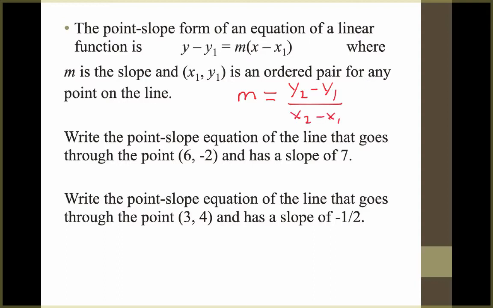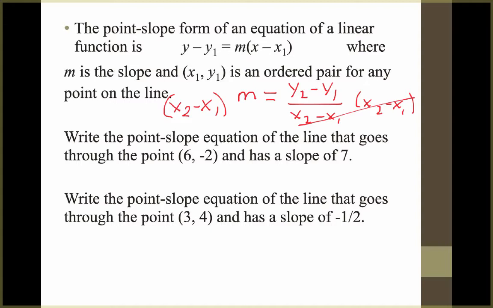To derive the point-slope form, you just multiply both sides by x2 minus x1, not x squared, but x2. When you do that, this cancels out on this side, and you're left with m times x2 minus x1 and y2 minus y1.